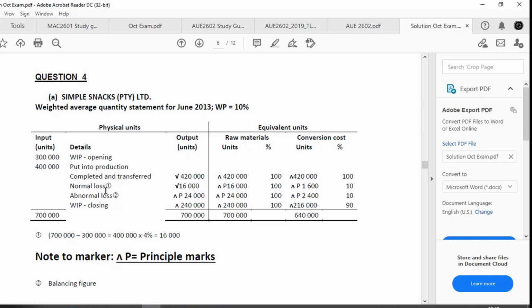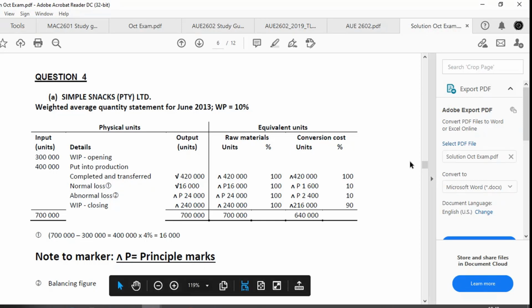Let's move along through the normal loss incorrectness and then closing WIP is then the 240,000 at 10%, and then because I stumbled over the loss, I got confused, and that is also wrong. I have my conversion cost incorrect. Okay, but overall, how did you find the question?